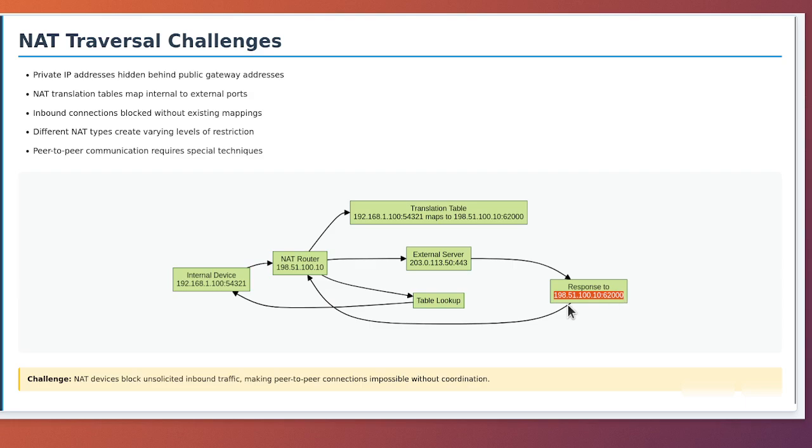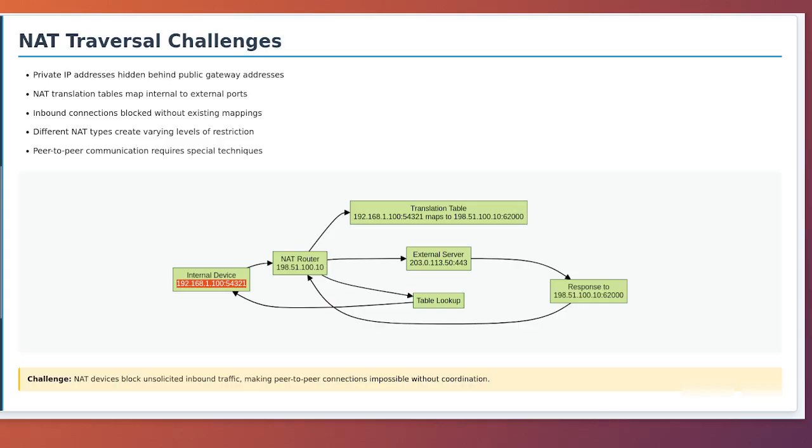Your router receives these packets, looks up port 62000 in its translation table, sees that it maps to 192.168.1.100, port 54321, and forwards the packet to your device. This works perfectly for client-server communication where your device initiates the connection.